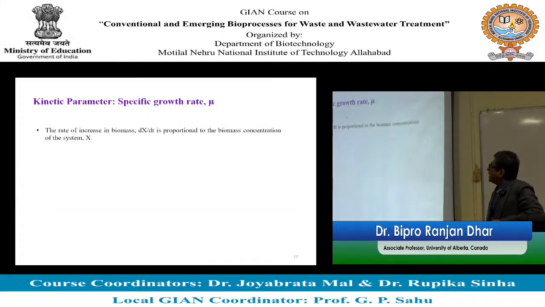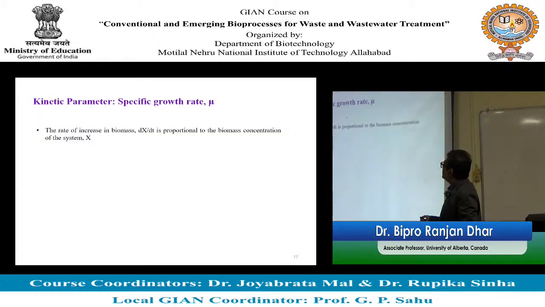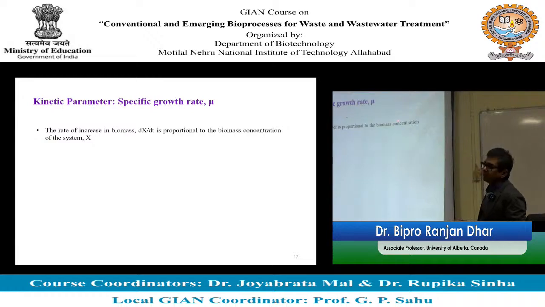So now let's learn about the different kinetic parameters that we need to know for microbes. The first kinetic parameter is specific growth rate. For the specific growth rate of microbes, the rate of increase in biomass concentration, which is dX by dt, is proportional to the biomass concentration of the system.